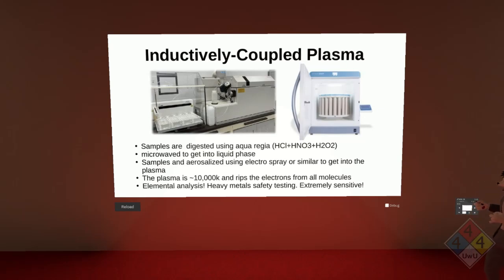And then we have the plasma, which is operating at 10,000 degrees Kelvin, along with the electron flow properties of plasma, that then rips apart the chemical bonds. So any molecule here is ripped to its basic elements and given through a quadrupole, which is then able to give a very surprisingly accurate and sensitive result on your metal and elemental analysis.